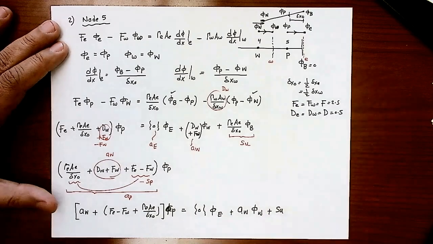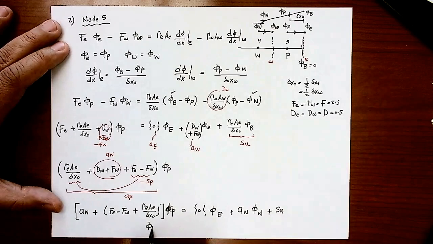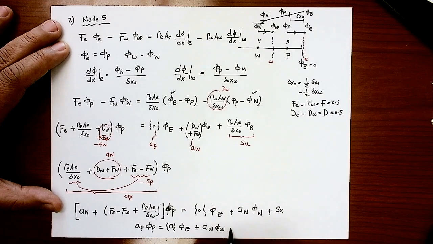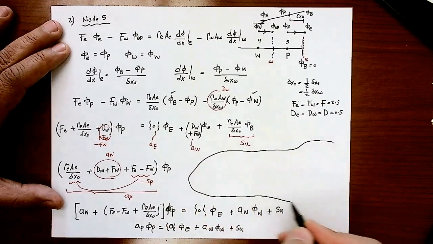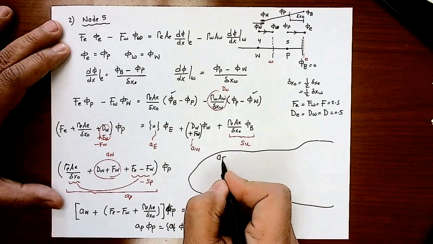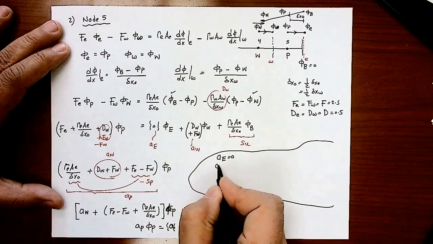Now let's write down the coefficients. AP phi P equals 0 phi east plus A west phi west plus the SU term. This is a general equation for node number 5. What is A east? It is 0. What is A west?